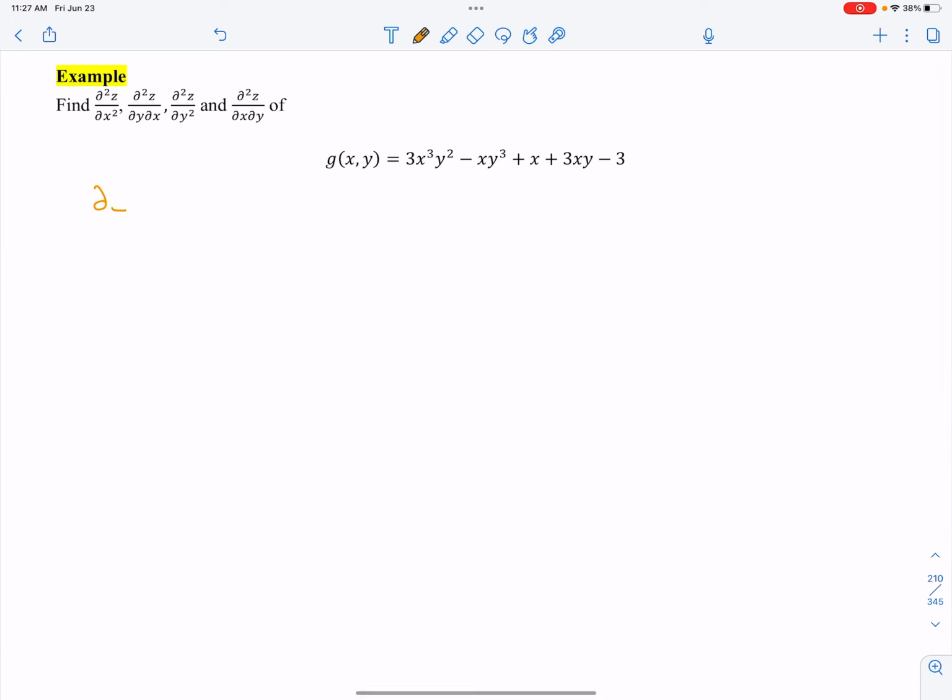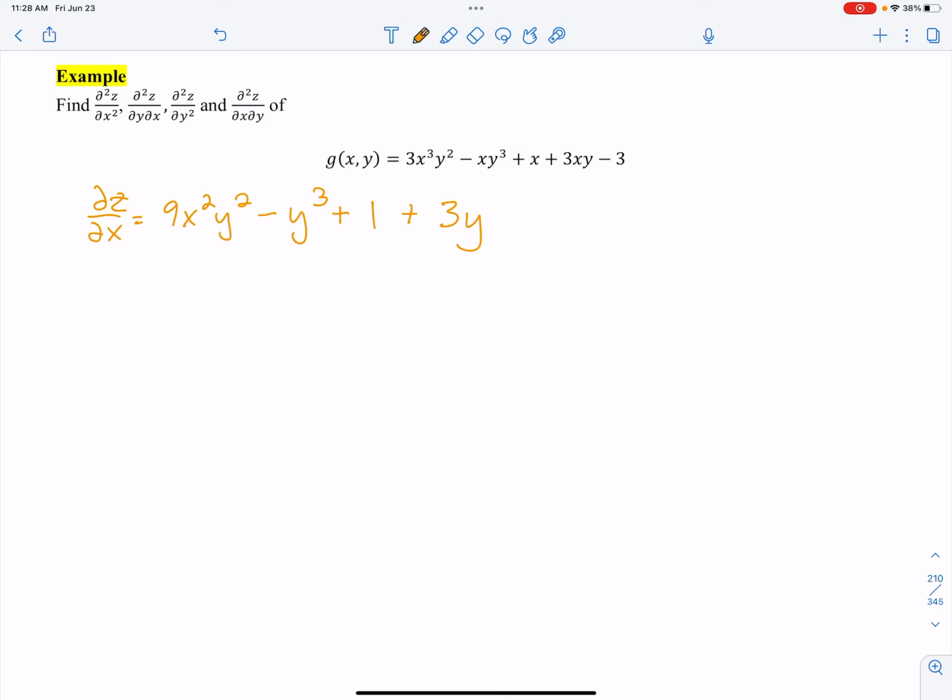Let's do dz dx first. Thankfully this is just a polynomial. So the 3 comes down, and I get 9x squared y squared. I just leave the y squared alone. Minus, I had an x there, so that just goes away, leaving the constant 1. Plus 3xy goes to 3y, and the minus 3 is a constant, so it goes away.